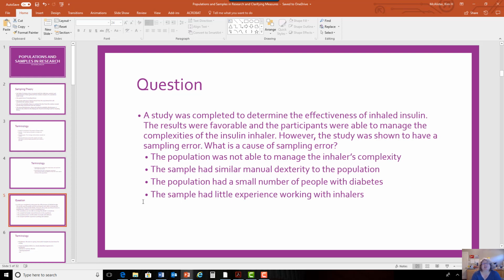Alrighty. I don't know if any of you remember the very first inhaled insulin that came out somewhere in the early 2000s. This was really interesting because the results in the study, when they used this among participants, were very favorable, and the participants were able to handle the complexity of the inhaler.